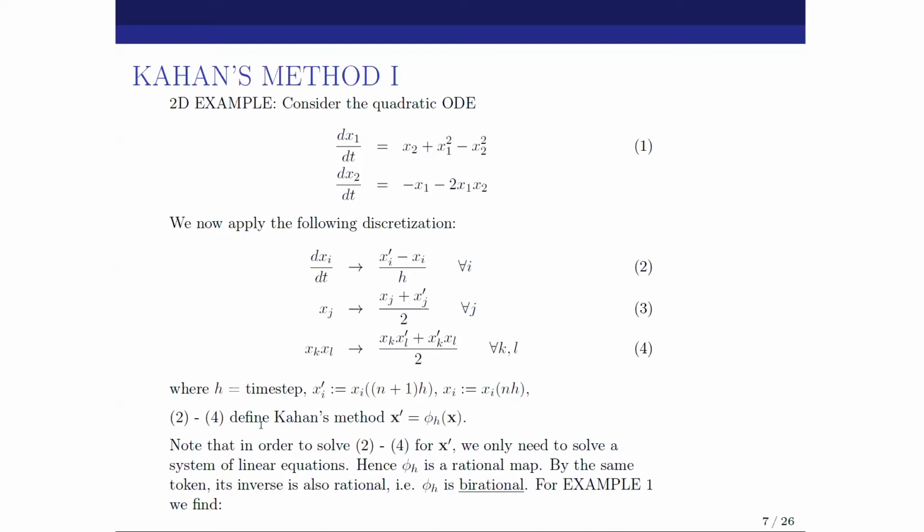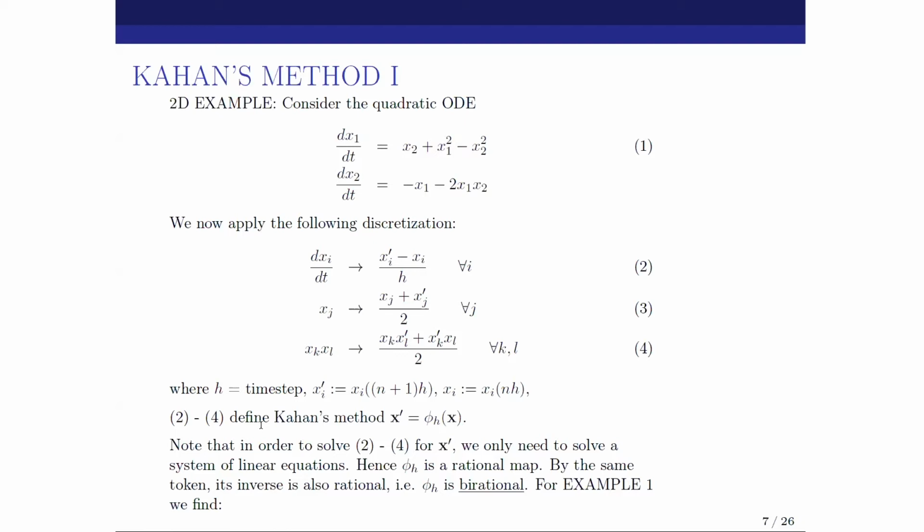And h here is the time step, which you can think of as delta t or tau. Then in equation 3, we define the discretization of the linear parts, and in equation 4, we define the discretization of the vector parts.